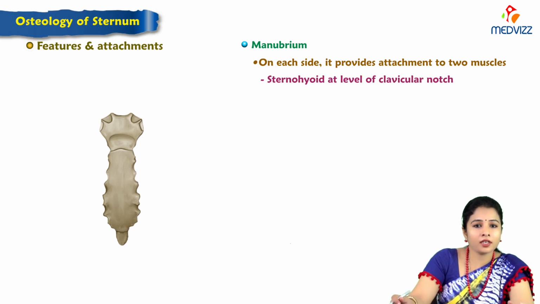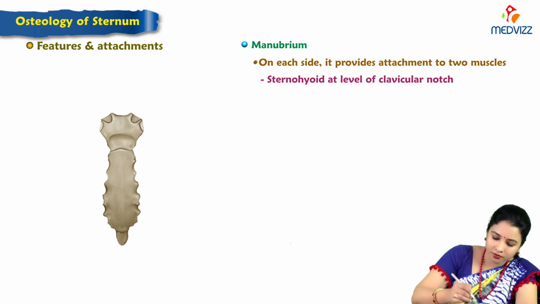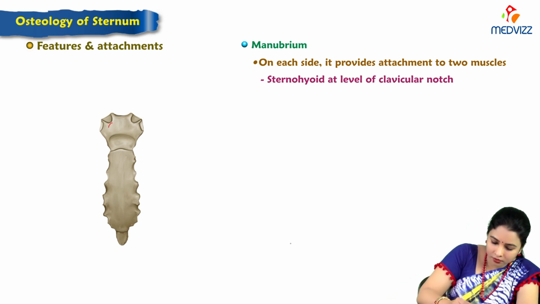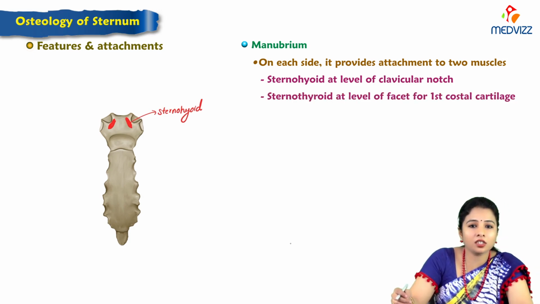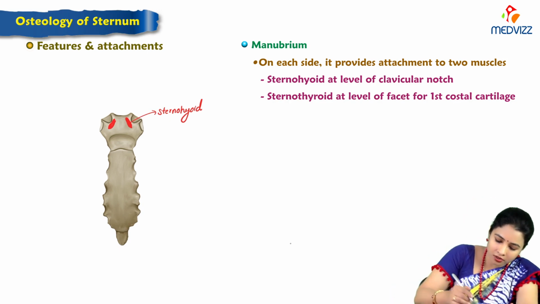Sternohyoid gets origin at the level of the clavicular notch. And the other muscle is the sternothyroid, which gets its origin at the level of the facet of the first costal cartilage.